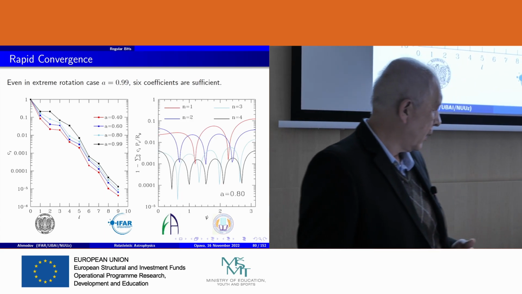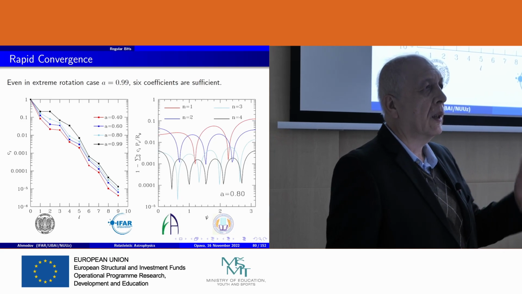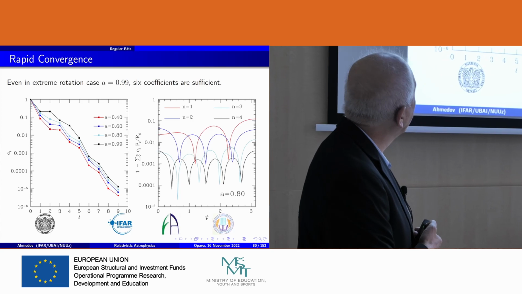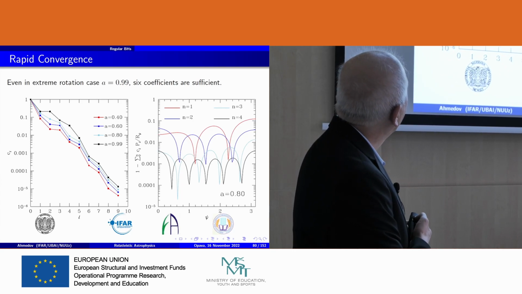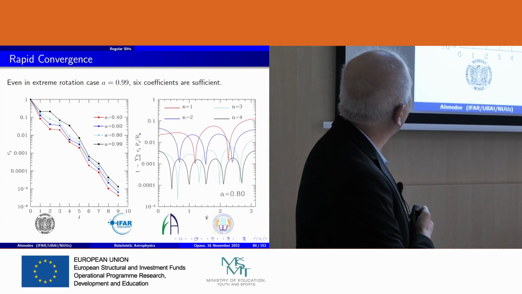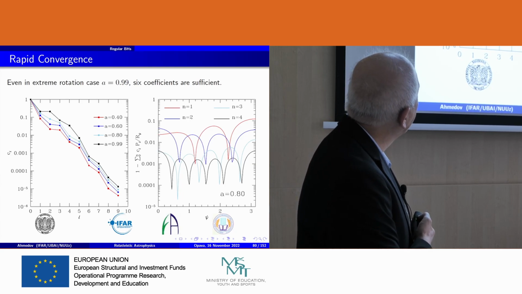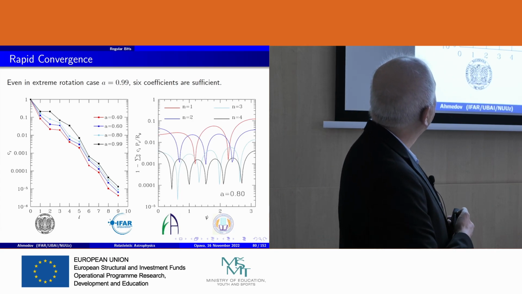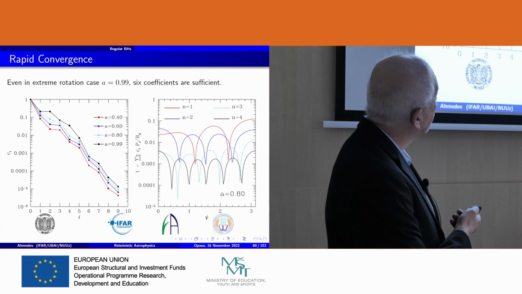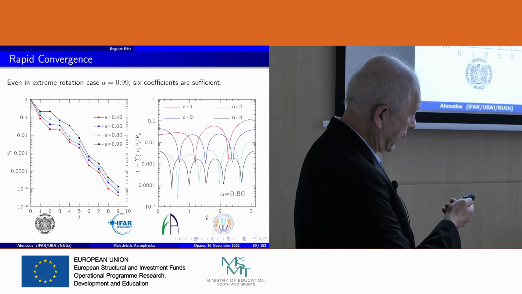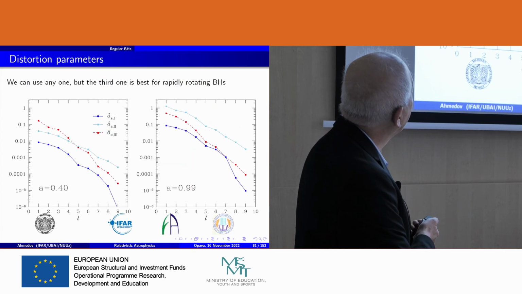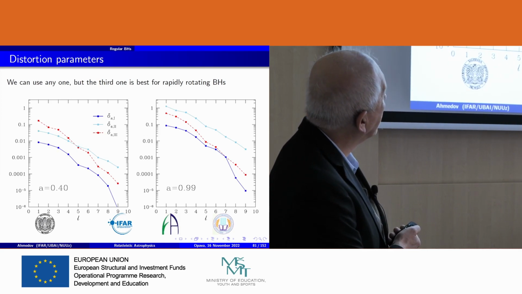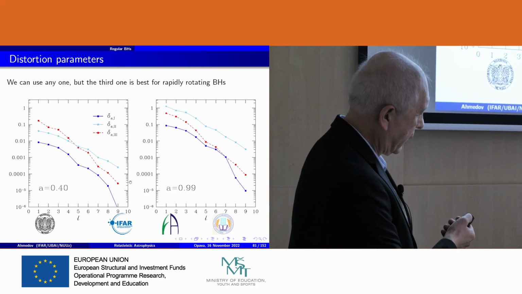Cosmic censorship says that extreme is 0.99, and then we look at the coefficients C of the expansion. What we understood is that the first 3, 4 coefficients of the expansion are sufficient to describe the shadow.